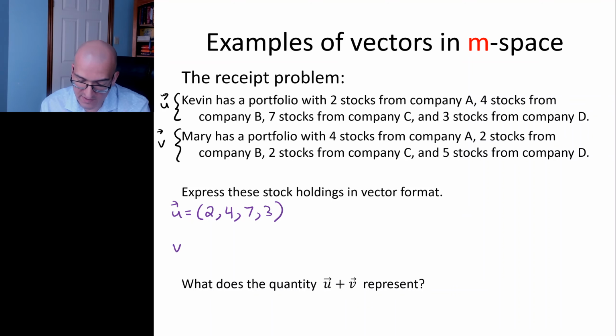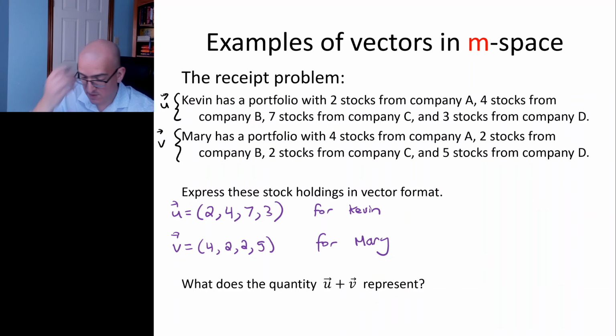And then for Mary, we have 4, 2, 2, 5. The question underneath says, what does the quantity u plus v represent? Well, let's find u plus v.